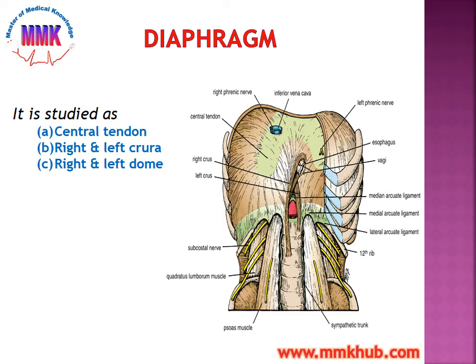As you can clearly notice in this diagram, there is the right dome of the diaphragm, left dome of the diaphragm, central tendon of the diaphragm having the opening for the inferior vena cava, and the right crus and left crus of the diaphragm having the opening for the esophagus and the vagi, and the median arcuate ligament and medial arcuate ligament having the opening for the abdominal aorta.